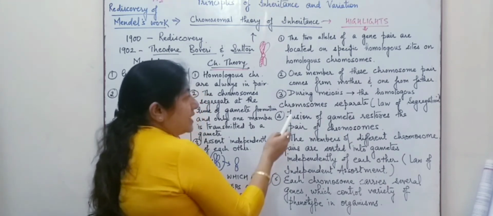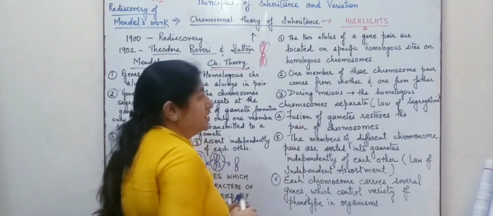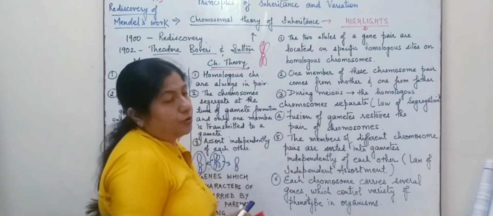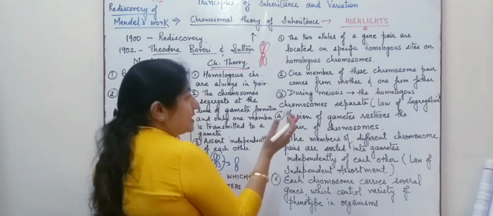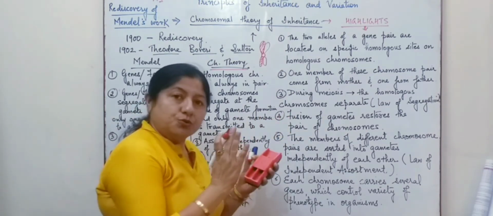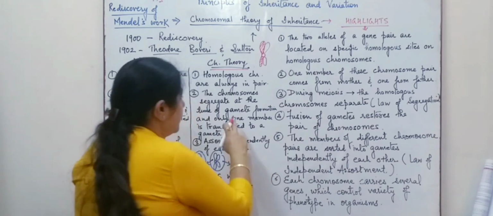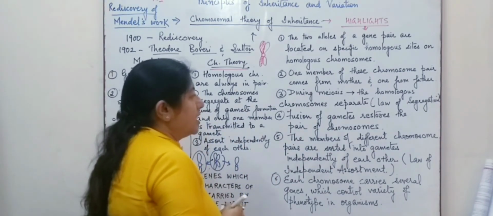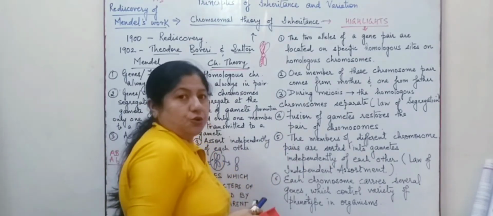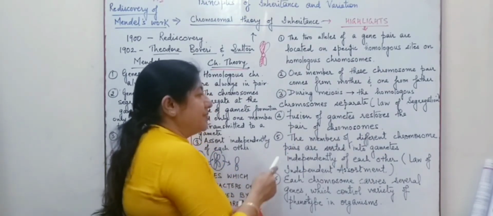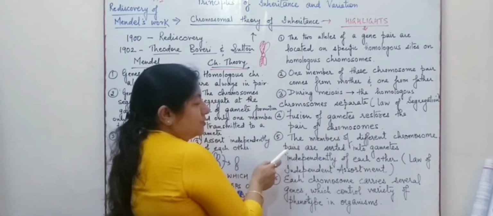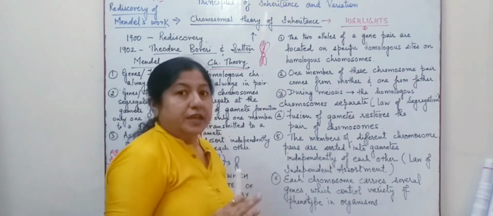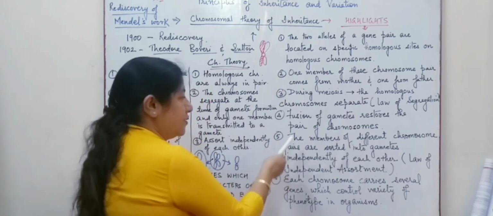It also says that during meiosis, the homologous chromosomes separate. So at the time of gamete formation, the two homologous chromosomes will separate, and this is according to the law of segregation. The fusion of gametes restores the pair of chromosomes, and the members of different chromosomes are sorted out into gametes at the time of meiosis.